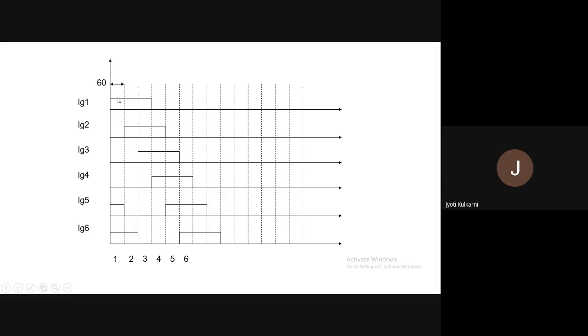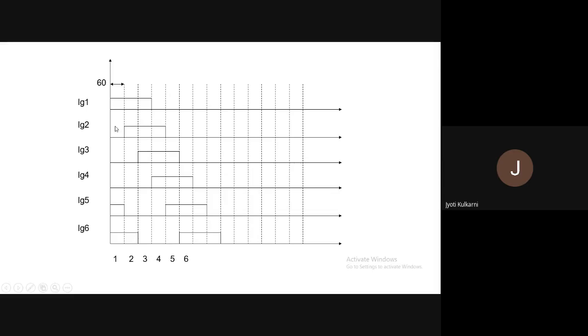So 180-degree duration means how many steps? 1, 2 and 3, because one step is 60 degrees. It means that the SCR needs to be in conduction for 180 degrees, so I have to continue that gate pulse for 3 steps: first interval, second interval as well as third interval. So it will be completely 180-degree conduction.